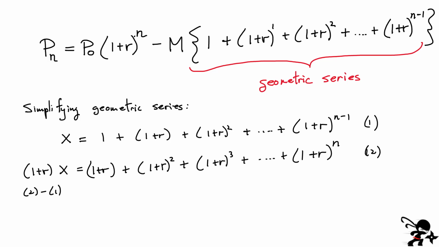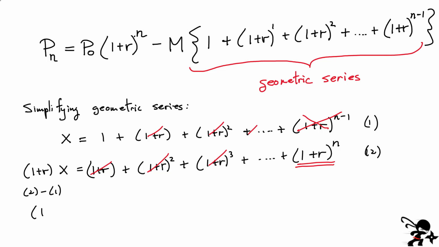Right? If you do 2 minus 1, you can see there's a whole bunch of terms that are going to cross out, right? This one here is going to cross out with this one. This one's going to cross out with this one. This one's going to cross out with the other one over here. There won't be anything left over to cross this one out because it ends up being 1 power higher, but this one is also going to get crossed out. Okay, so let's go ahead and do that. And what does the left-hand side look like here?